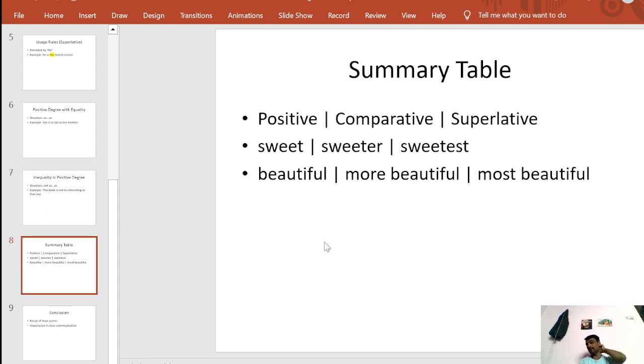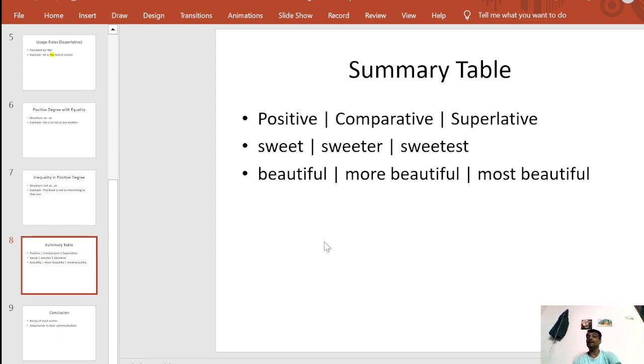So let us summarize what exactly positive, comparative and superlative degrees are. Positive degree is used to just tell about one thing or one person or one quality. Comparative degree is used to compare two same kinds of qualities, persons or things.